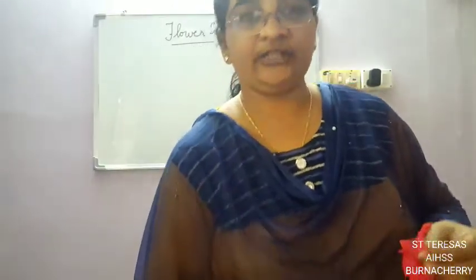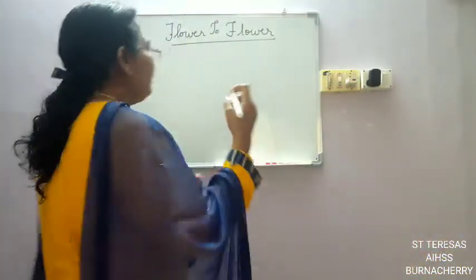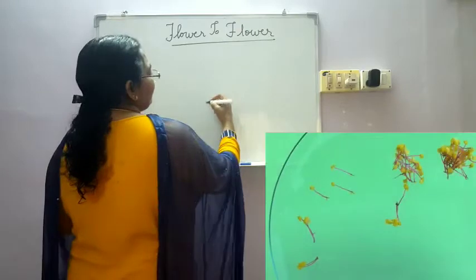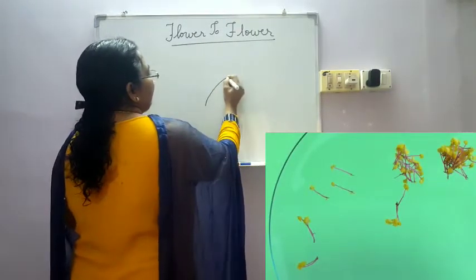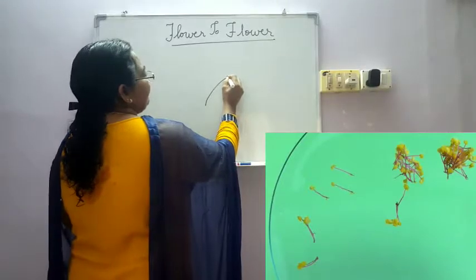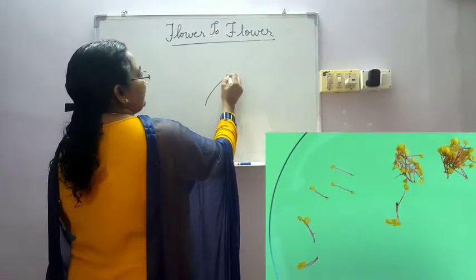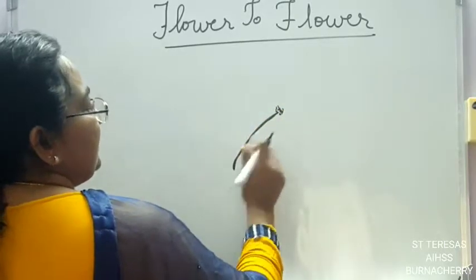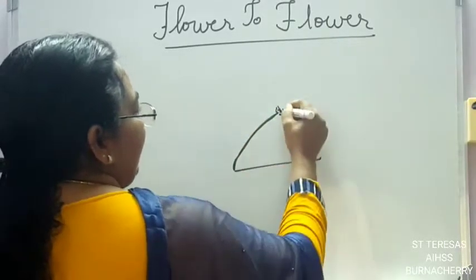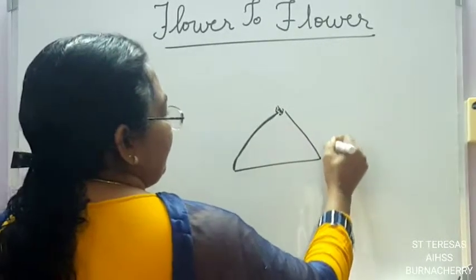Teacher will just draw the Androecium on the board. So on the tube you can see hair-like portion like this, and you can see a little bit of yellow powder on the Androecium. Now both of this together is called the Androecium.